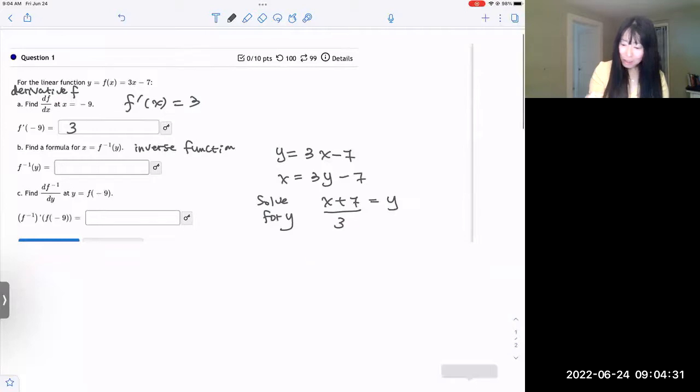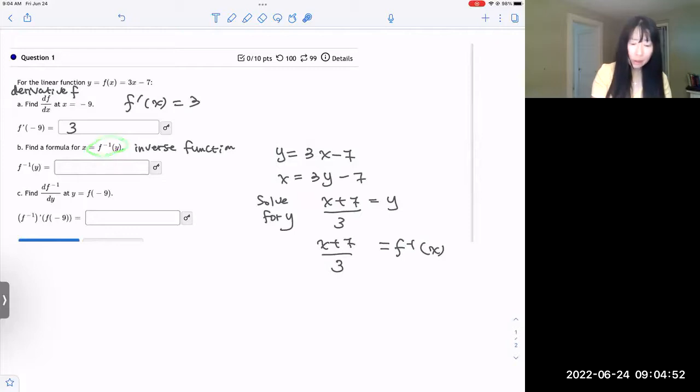Now, this is the inverse function. Normally we write it like that, which is the inverse notation in this case. But they said we have to write it in terms of y, so we're going to change it to y: (y plus 7) over 3, which is the inverse in terms of y.